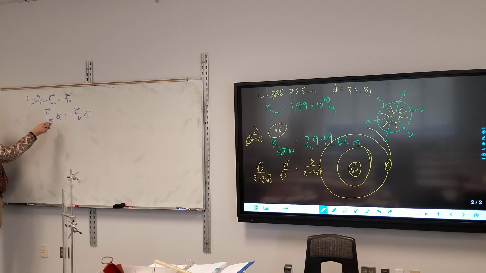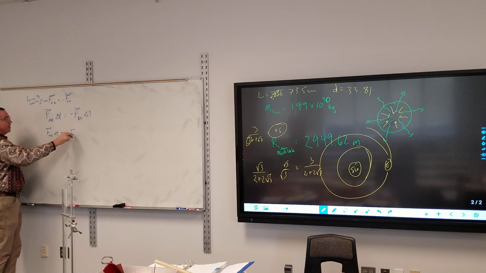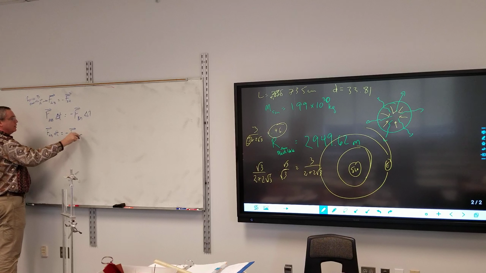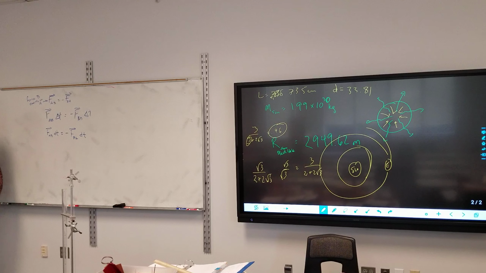Actually, with most of the groups, I don't do the calculus-based version of it, so that's what that is. So F_AB dt equals negative F_BA dt. Integrate both sides.